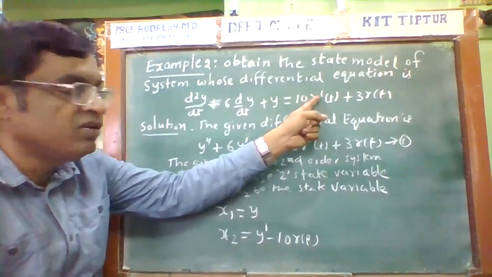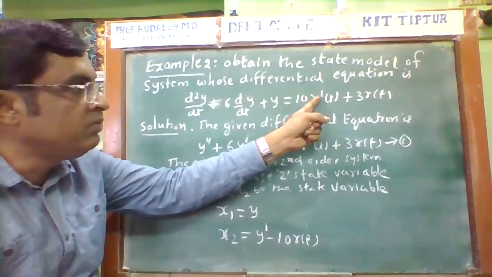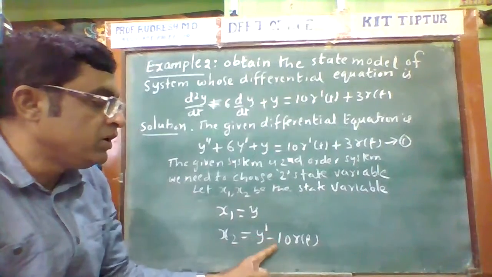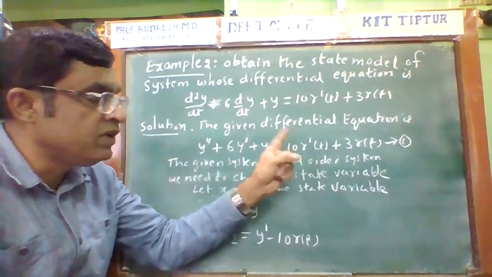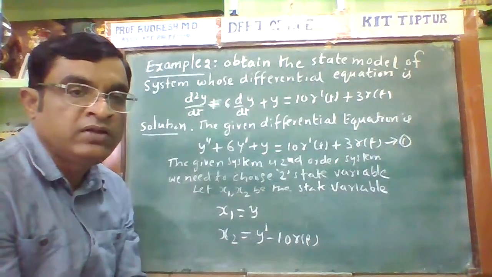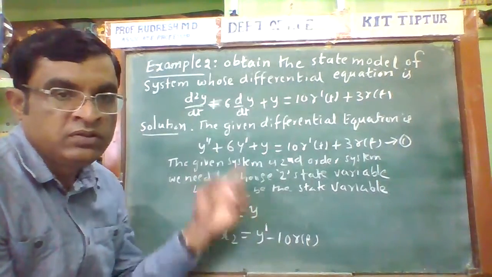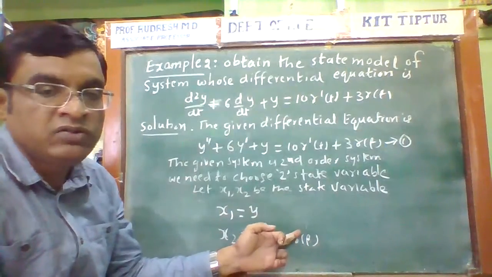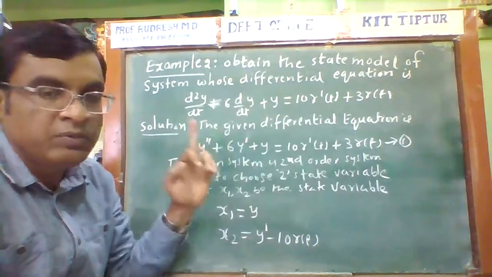Here if it is r dash of t, r double dash of t, then we need to write y dash of t minus 10 into r dash of t. Here, when a double derivative is present, you need to write down the single derivative of this variable.